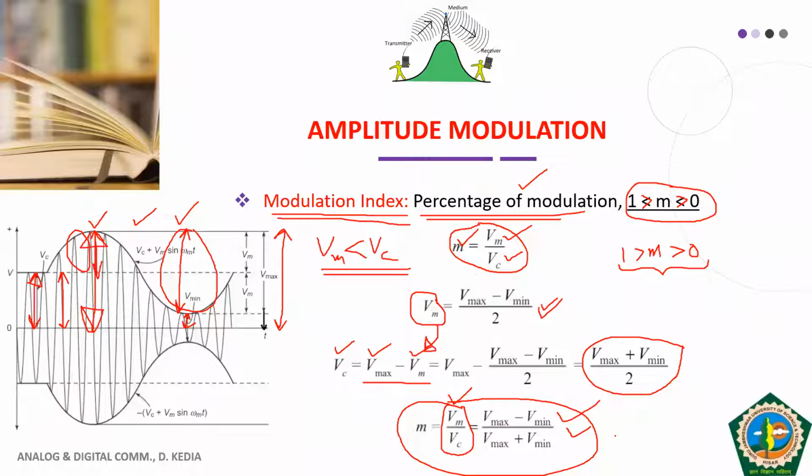So what is the significance of modulation index? It tells us how much percentage of modulation has taken place. The percentage of modulation can be from 0% to 100%, so that's why the value of modulation index lies between 0 and 1. Fine. Next.